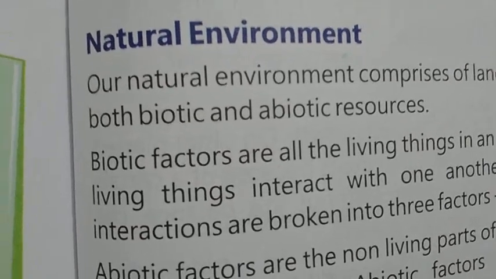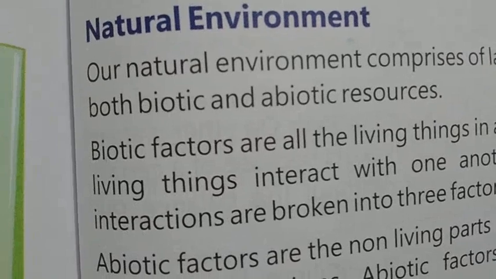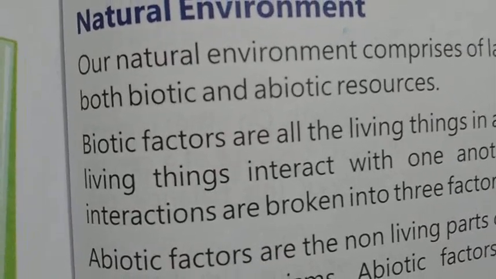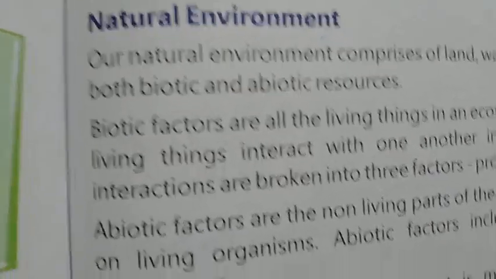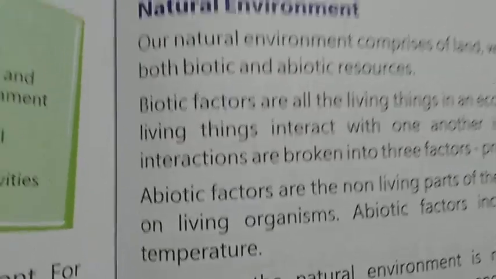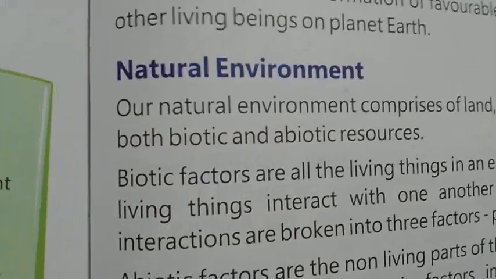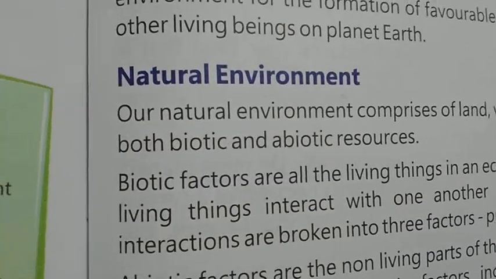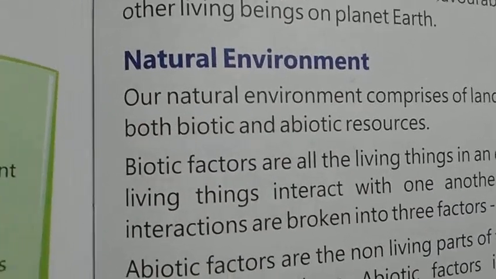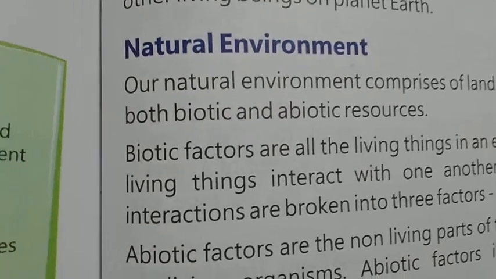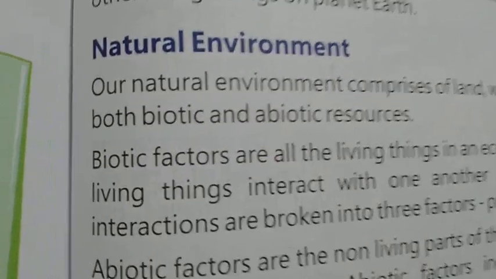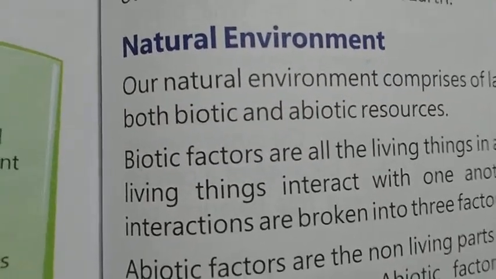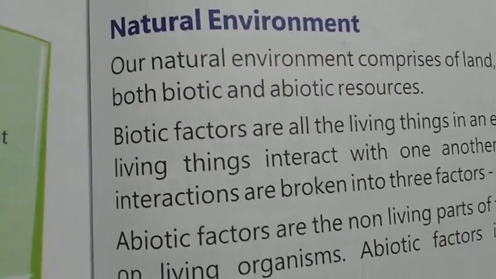Moreover, sunlight is also included in abiotic factors. The natural environment is made up of different domains: the atmosphere, hydrosphere, lithosphere, and biosphere. What is biosphere? Biosphere includes the living organisms, plants, and all the living organisms.